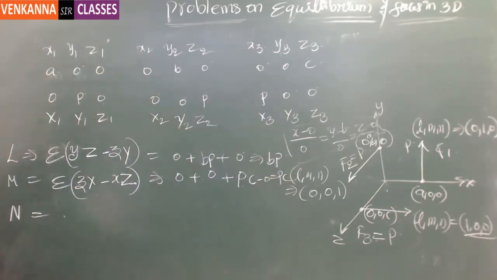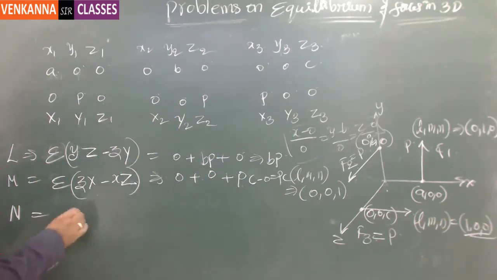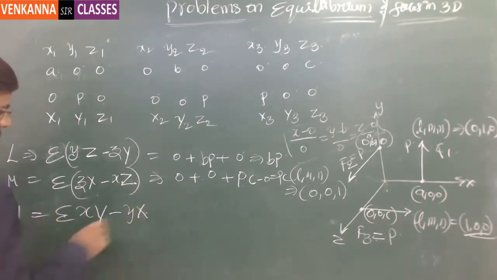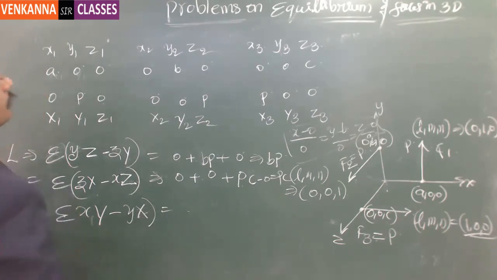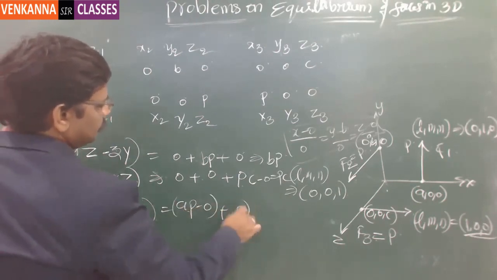Yeah, now it's correct. So N is equal to XY minus YX, so AP minus 0 plus 0 plus 0.